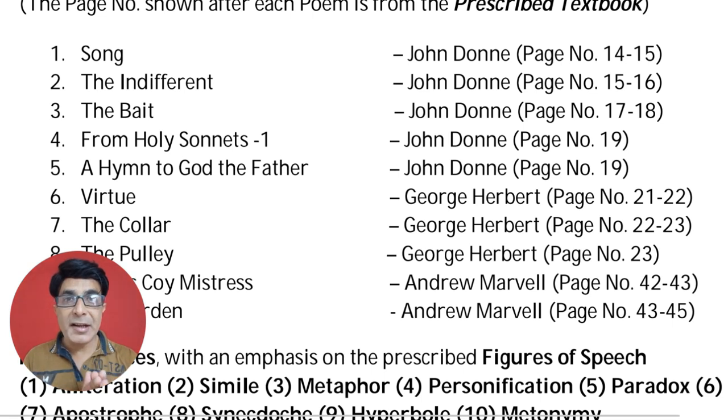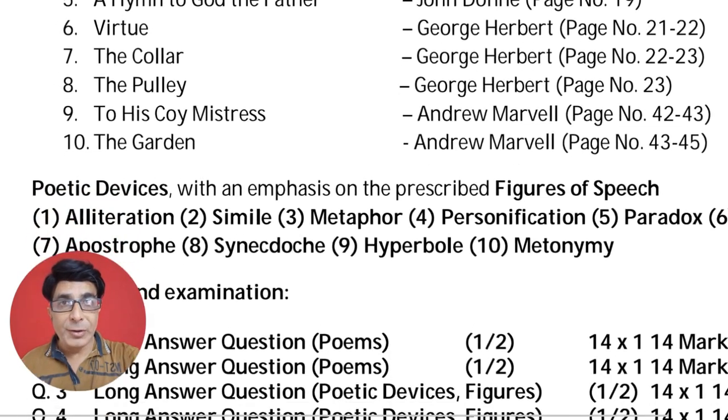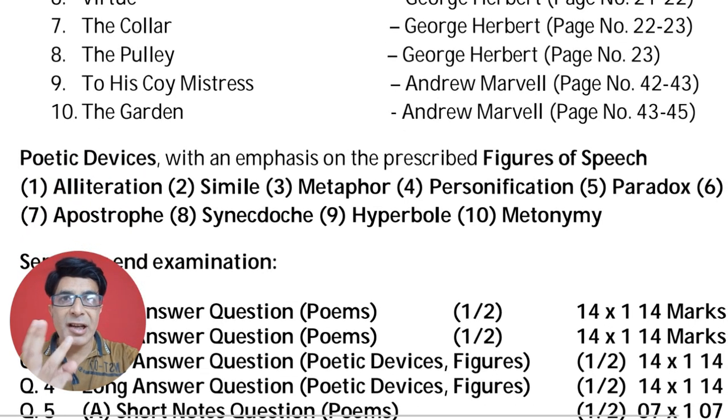So you will study John Donne's contribution to metaphysical poetry by studying some of his poems. You will also study George Herbert and Andrew Marvell's contribution to this metaphysical poetry.